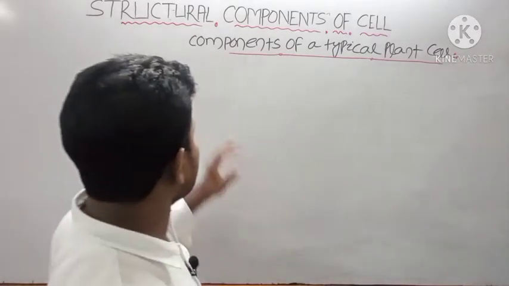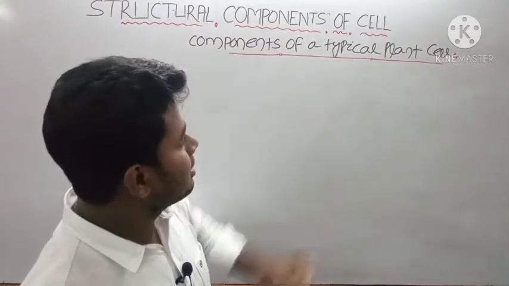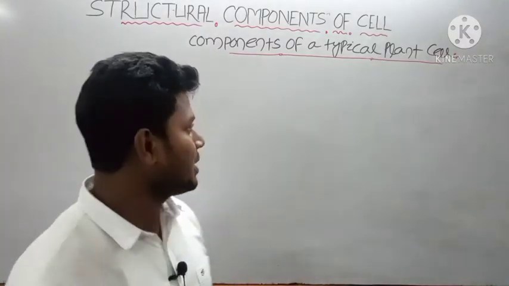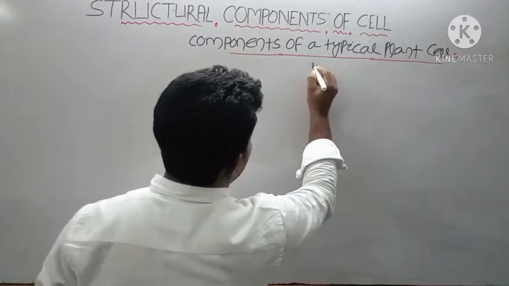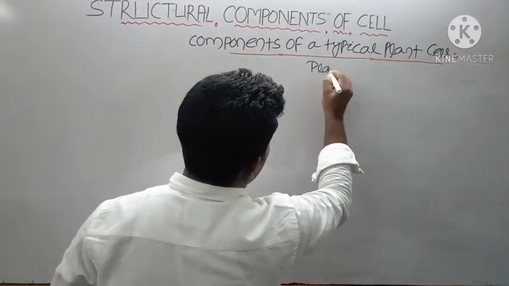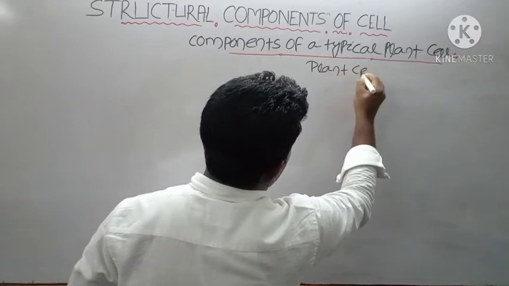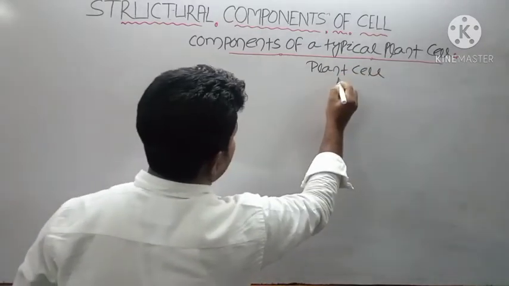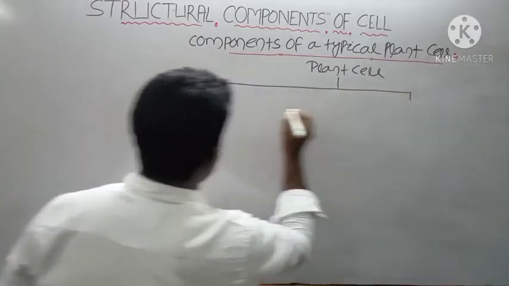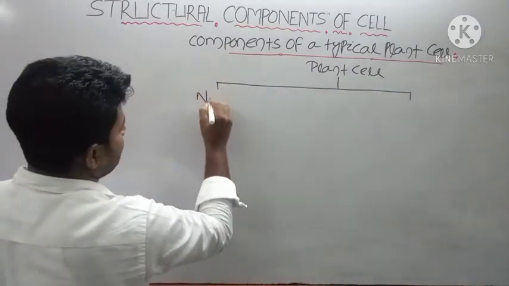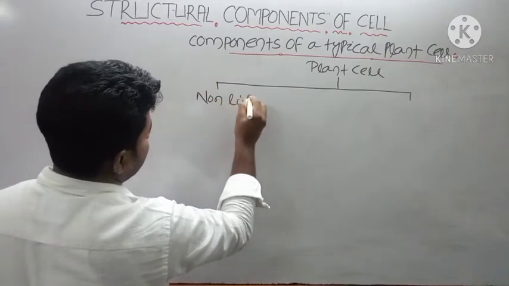Let us first discuss the main components of a plant cell. Mainly there are two components of a plant cell: one is the non-living component and the other is the living component.